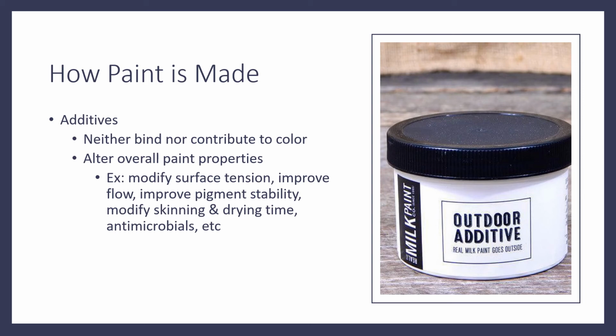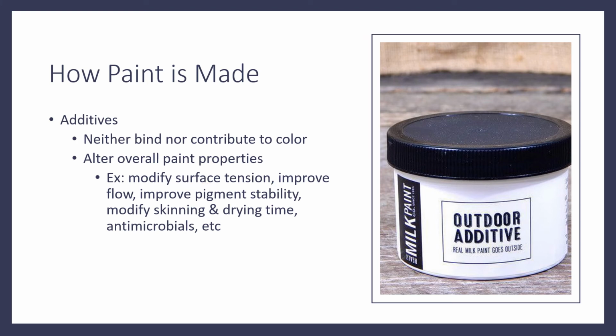Additives don't bind the paint to anything and they don't contribute to its color, but they might alter its overall paint properties. There are additives that modify the surface tension and make the paint easier or tougher to spread into a thin surface. They can improve the flow, how well it can pour. They can improve the pigment's overall stability.